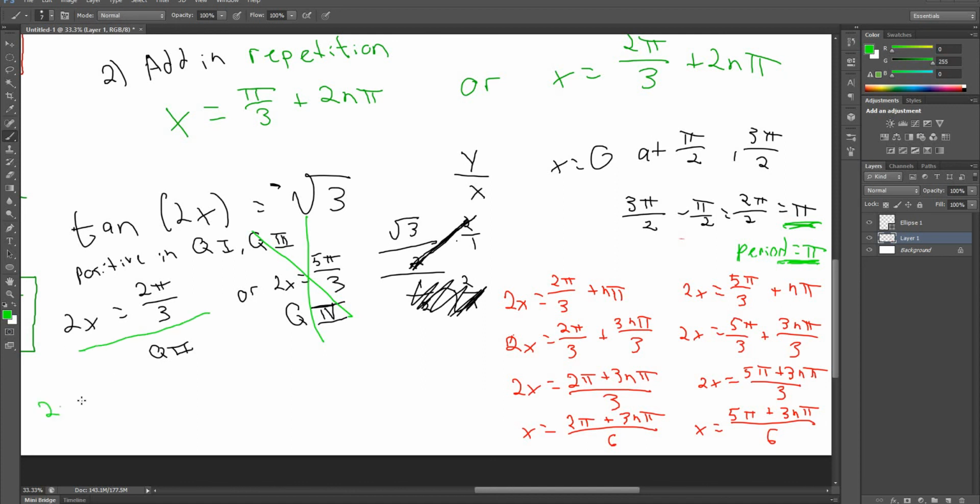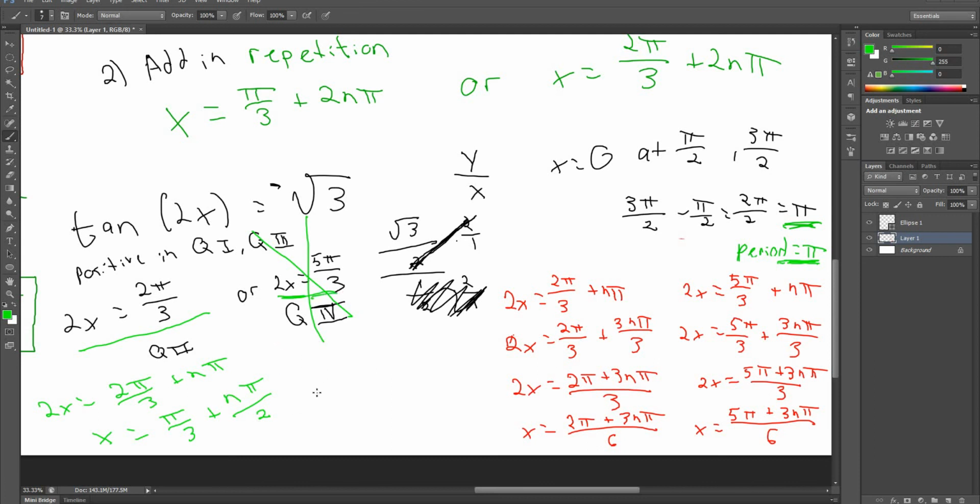So I got 2x is equal to 2 pi over 3 plus n pi. Now, I'm not going to do anything crazy right now. I'm just going to divide by 2 to get x is equal to, 2 divided by 2 cancels, so this is pi over 3 plus n pi over 2. Now let's plug in, say, 1.